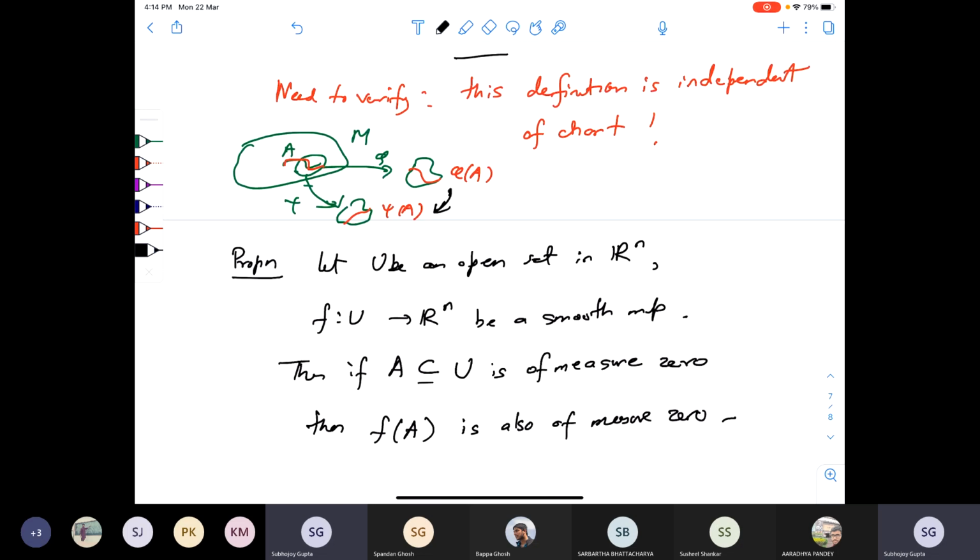We can just say any smooth map from an open set in R^n to R^n takes measure zero sets to measure zero sets. Okay.